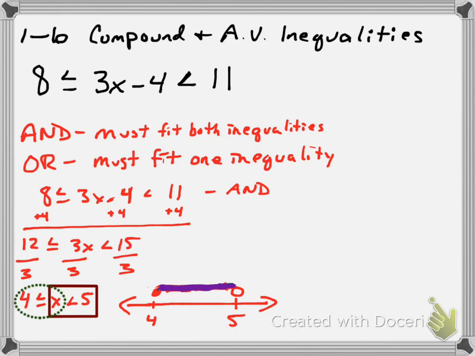All right. The numbers between 4 and 5, including 4, but not including 5, when you put them into the inequality, are true. Anything else is false. So my picture up there, the purple numbers are the numbers that are true in our inequality. Okay?